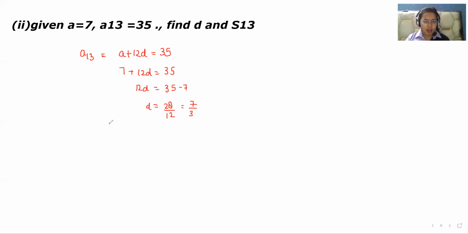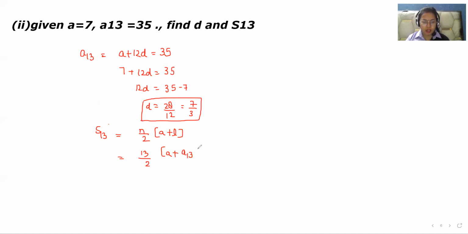So S13 we have to find. We have the value of D now. Now S13 is n by 2 times (a plus l). N is 13 by 2. A plus L, the last term is A13.